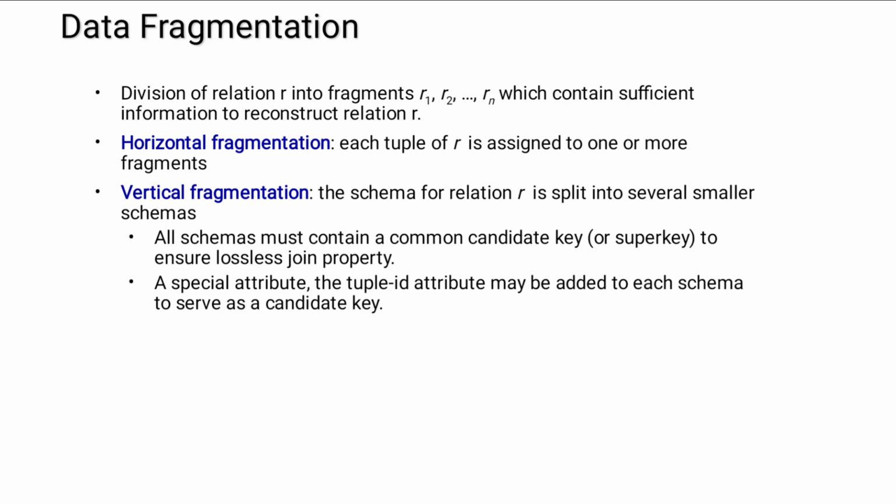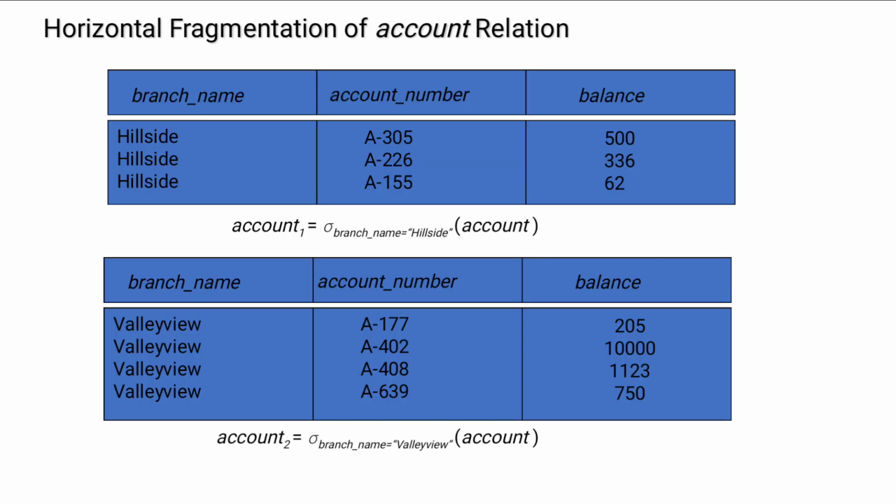In vertical fragmentation, the schema, that is the columns, for the relation is split into several smaller schemas. Two conditions are to be met. All schemas must contain a common candidate key or super key to ensure the lossless join property. Otherwise, for unique identification, we have to maintain a special tuple id attribute. This is the example of horizontal fragmentation.